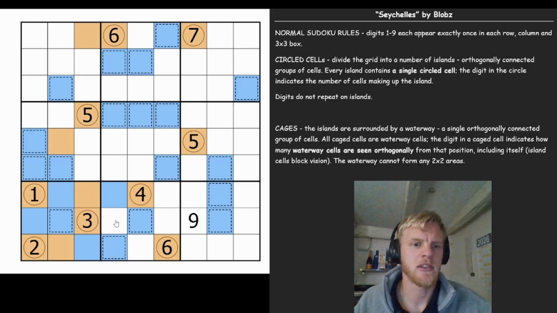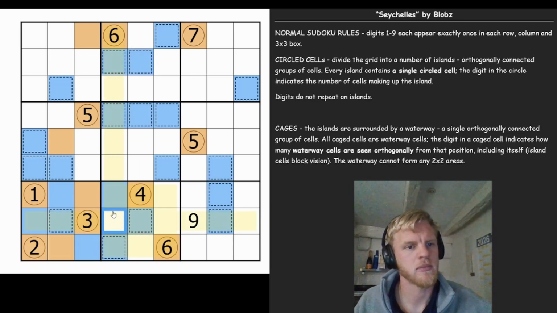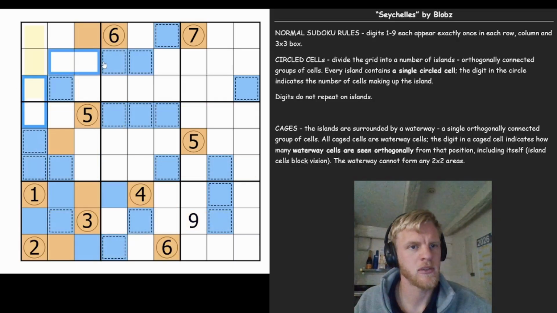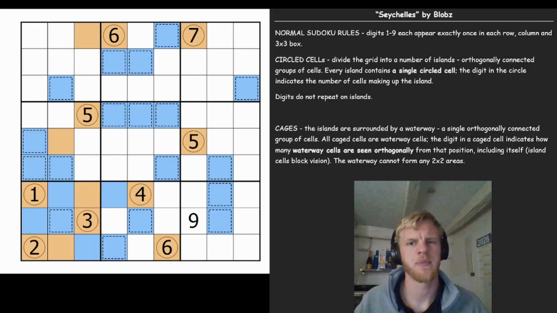Right, so that means either this or this, but not both, is waterway. If this is waterway, the waterway needs to be all the way up here. Okay.